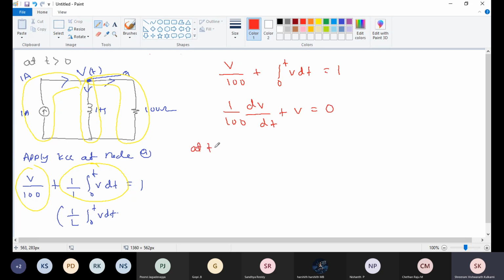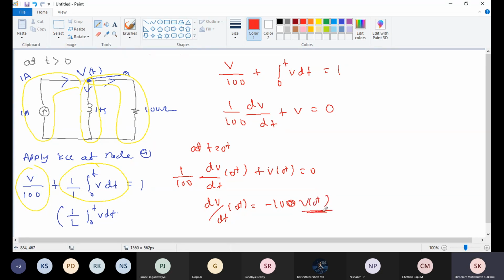Now at t equals 0 plus, with V(0 plus) equal to 100 volt, dV/dt at 0 plus is equal to minus 100 times V(0 plus).